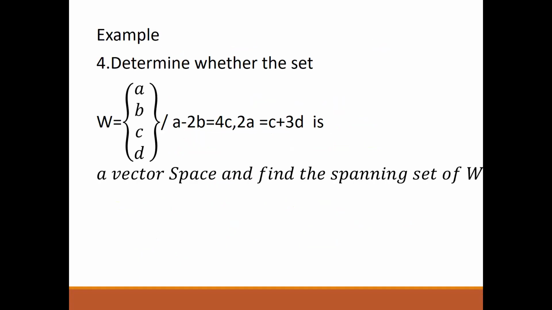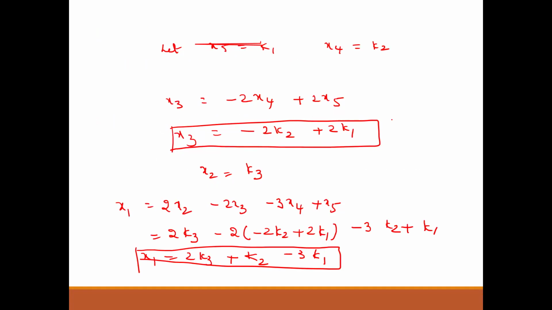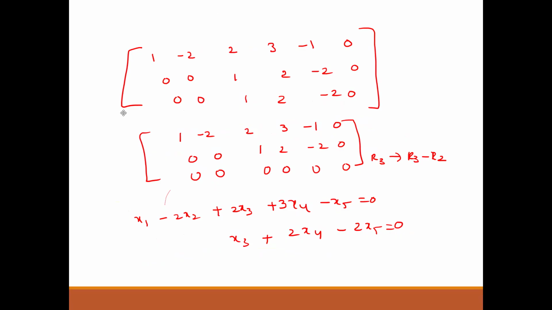So null A is set of all x such that. What is your x here? So your x is x1, x2, x3, x4, x5. Okay. What is your x1?